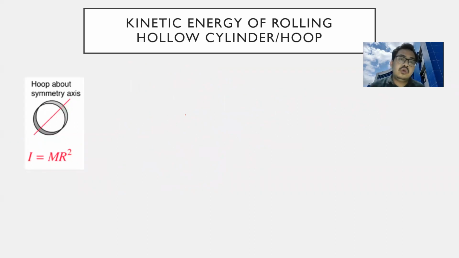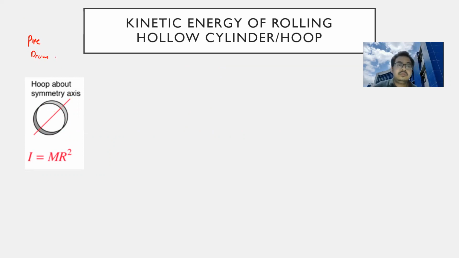Now we are moving to the hollow cylinder or hoop. Basically, this is a cylinder with a very thin wall. An easy example of this is a pipe, or you can use a drum that contains anything, maybe water or maybe oil.